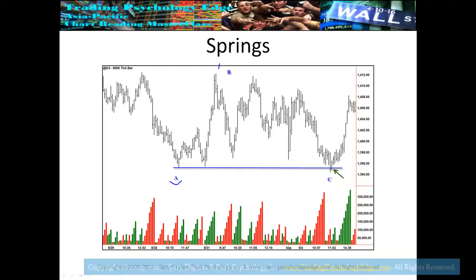You can see here there's really no testing that occurs. Maybe you could call this a test, I don't know if I would, but you don't really have a great opportunity to get in. It just goes. And that's what we expect. And as I said, the minimum objective is a run back up to retest the swing high of B.